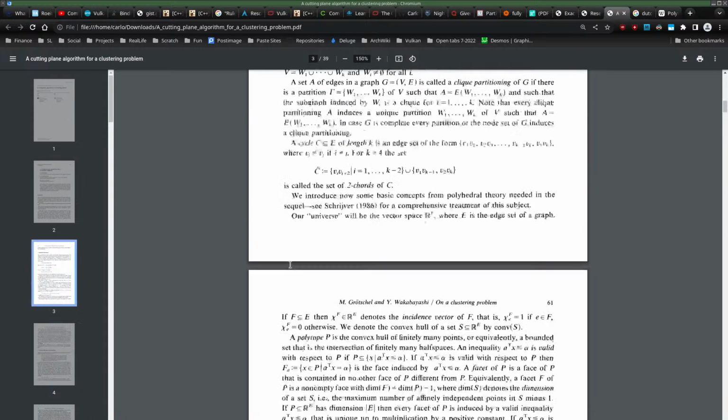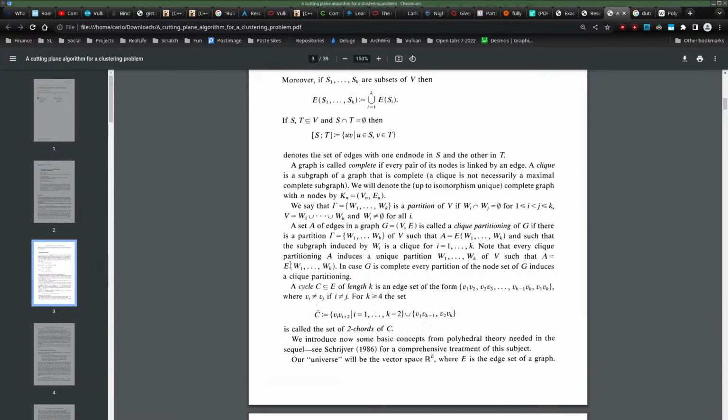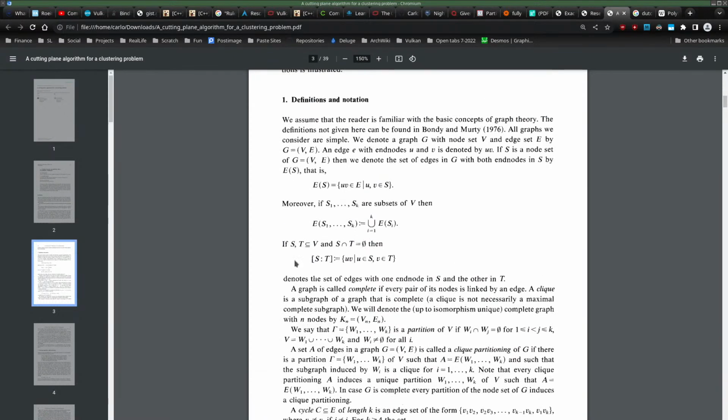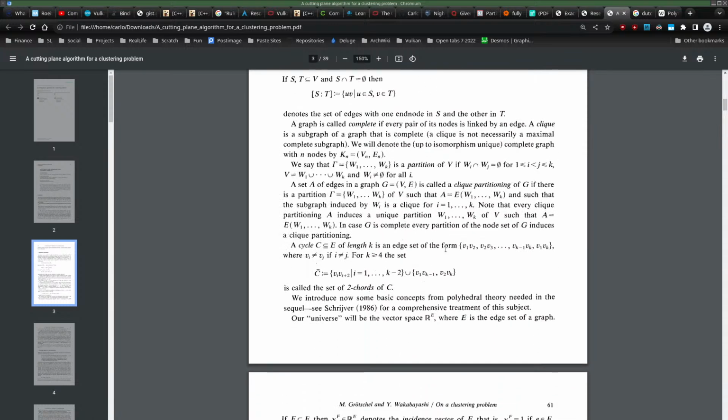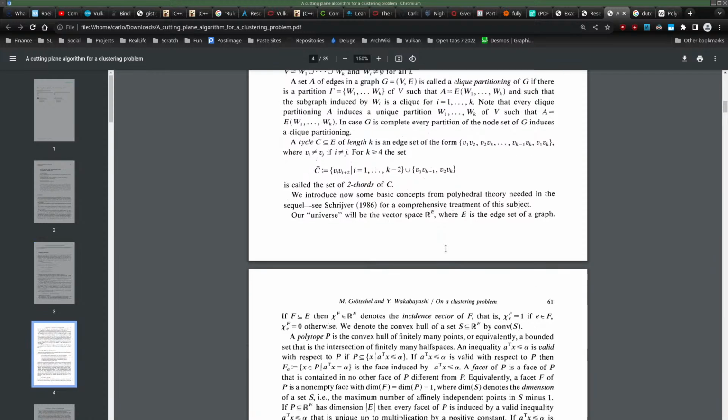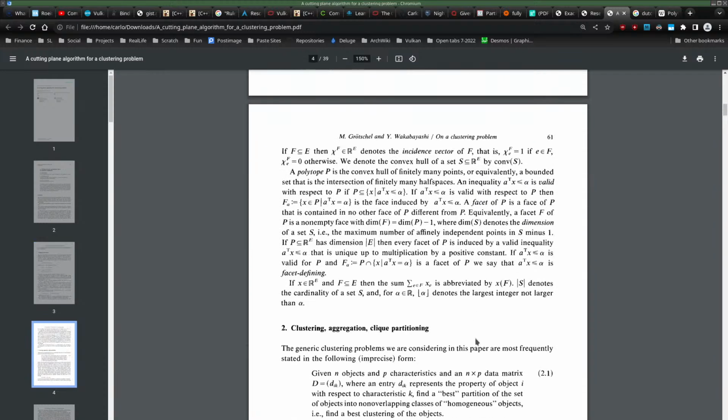Kind of forgot what they mean with S. S is a node set. Or rather an arbitrary node set, I guess. Literally some subset of the graph.